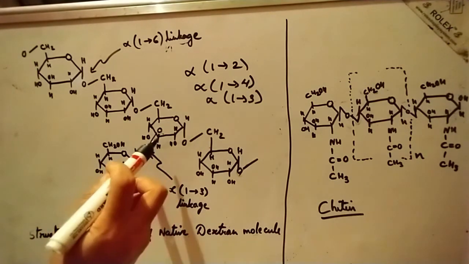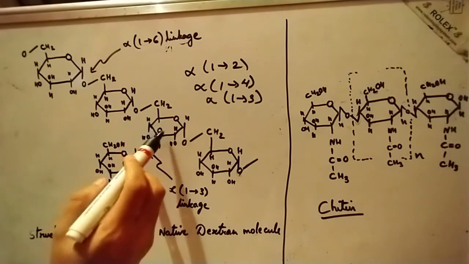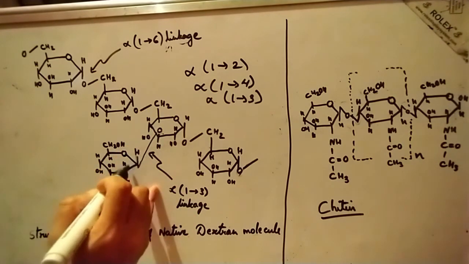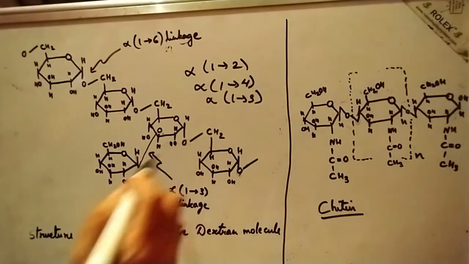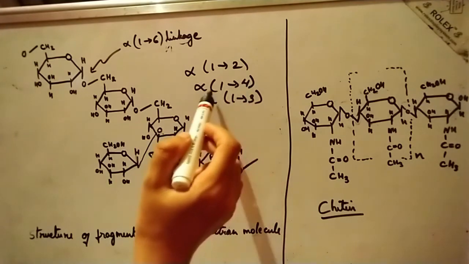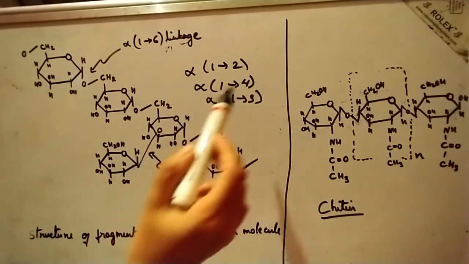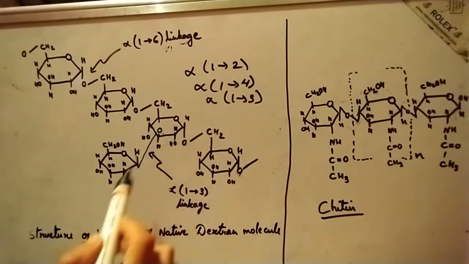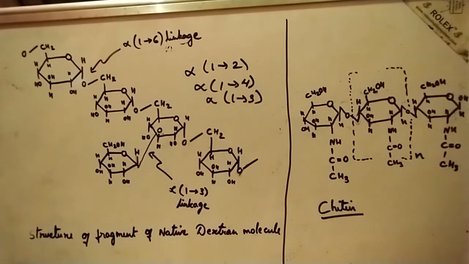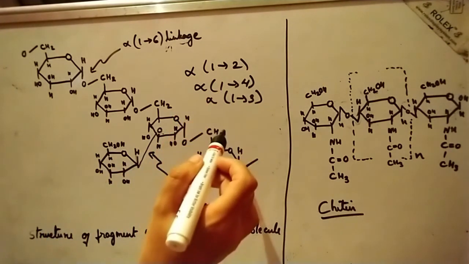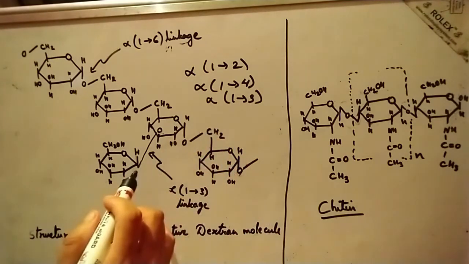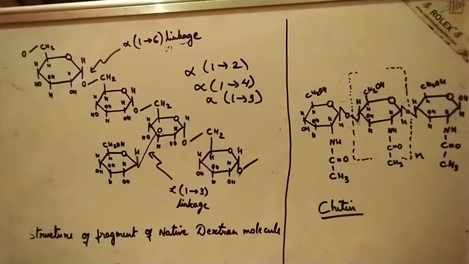Here the carbon number 3 of one glucose residue is linked with carbon number 1 of another glucose residue. In other cases, it might link with carbon number 4 or carbon number 2 as well. And dextrin is a bacterial product which is produced on the teeth surface, and it is also used as a food additive.